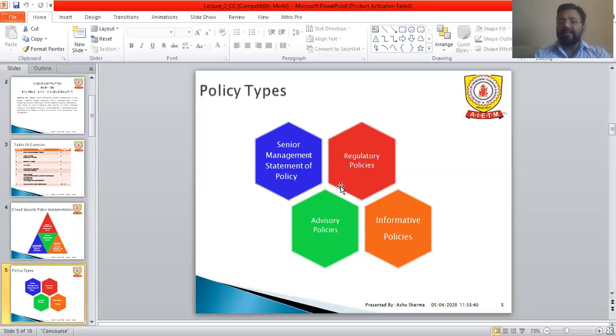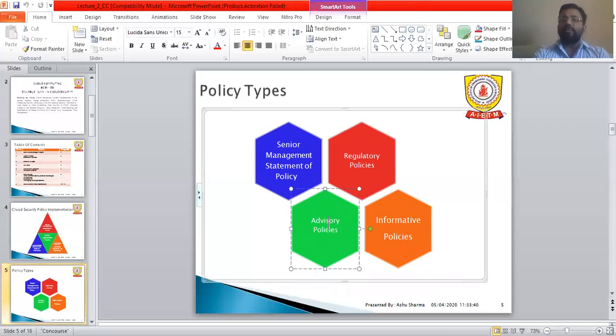The next is the regulatory policy. Regulatory policies generally talk about the compliance that we submit as an organization, covering our services and infrastructure. As per the feedback from higher statutory bodies, they can decide that these are the things you have to improve. So certain policies might be modified in order to submit the compliance report for an organization.